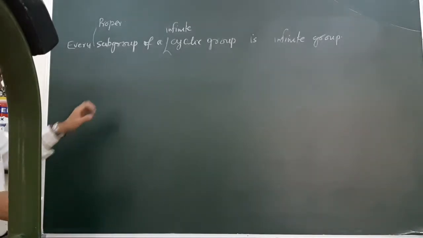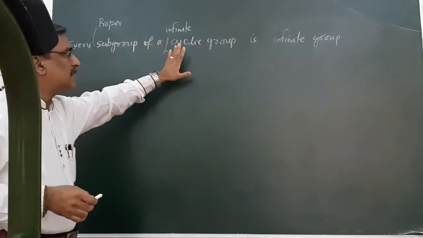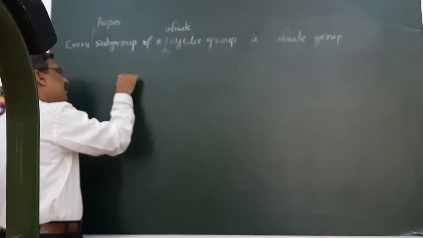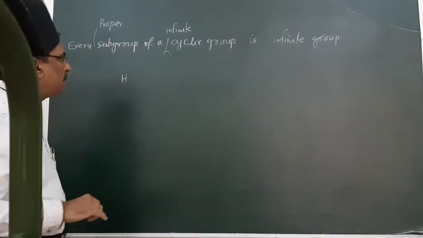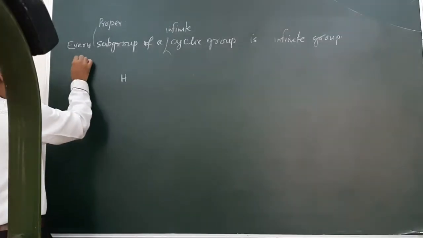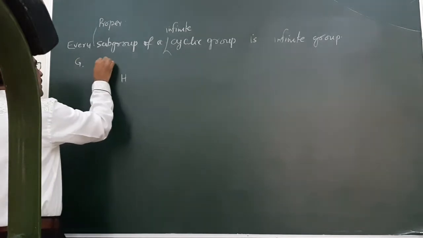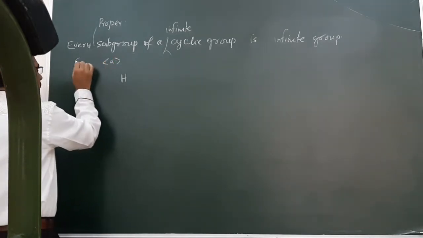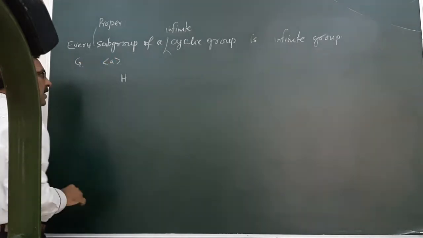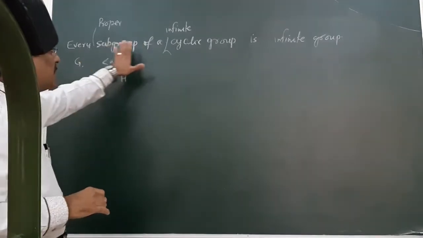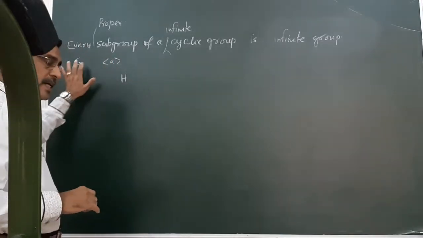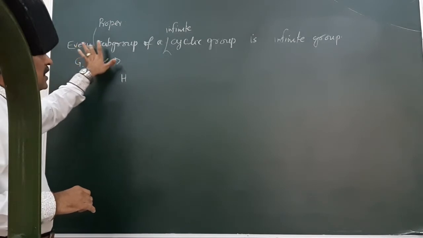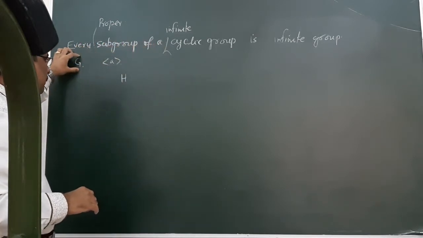Since it is a subgroup of a cyclic group, let us take H to be a subgroup of a cyclic group G, whose generator is A, and it is an infinite cyclic group.